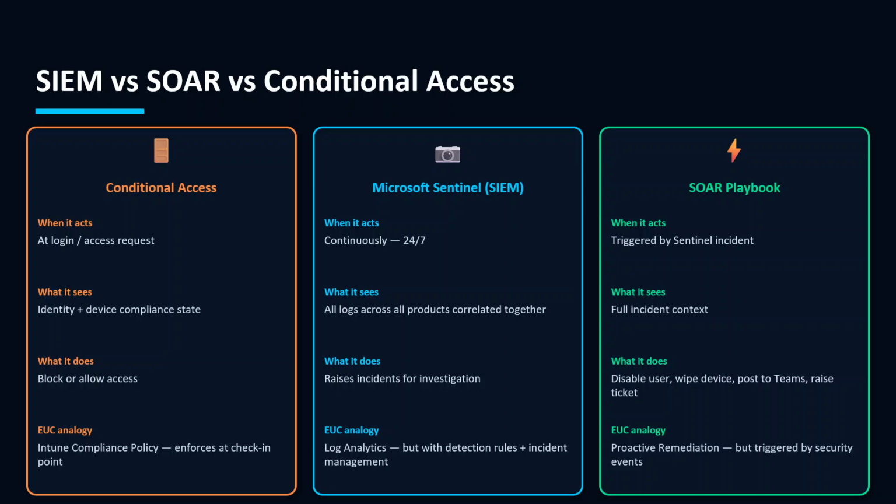Okay, so what SOAR does is act as a rapid response team. When Sentinel raises an alert, instead of waiting for a human analyst to notice it, log in, investigate and manually take action, SOAR fires a playbook, automatically disables the account, revokes the session, posts to Teams, and creates a ticket. All this within 60 seconds of the detection.